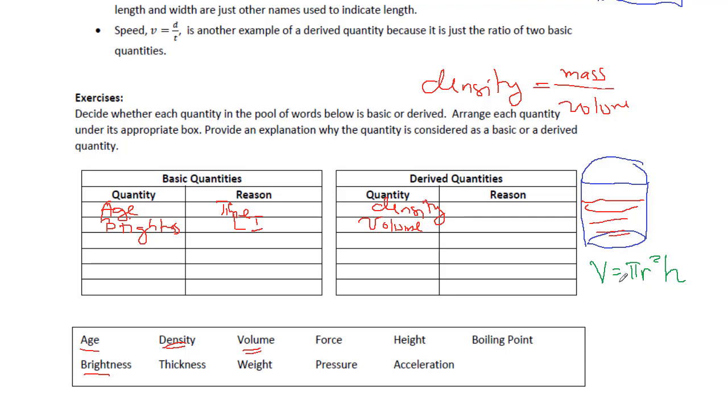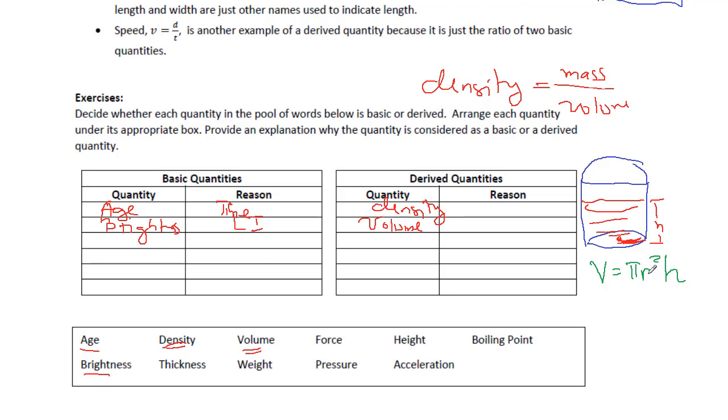As you can see, the radius r of our cylinder is a quantity of length, right? How big is this radius, and the height, how tall is this liquid level. Still a dimension, which of course we know is a basic quantity, length. So volume is just a combination.